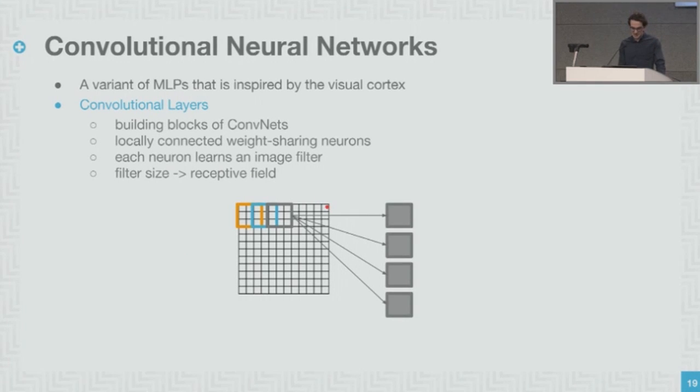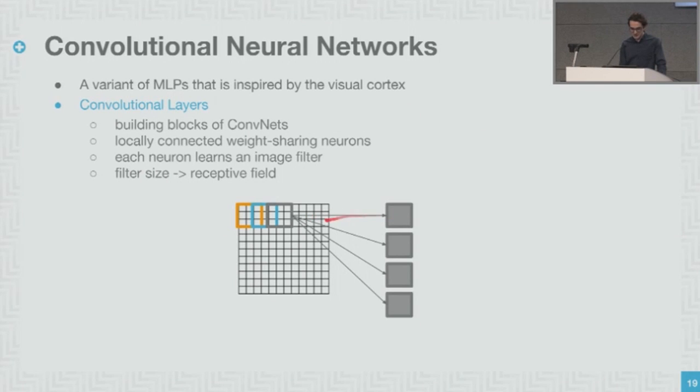Assume that this is an image, and each one of these little boxes is a pixel value. In a fully connected layer, each one of these pixels would be connected to each one of these neurons. So everything would be connected to everything, and that would be a lot of parameters. In convolutional layers, on the other hand, these neurons are locally connected, and they're weight-sharing neurons.